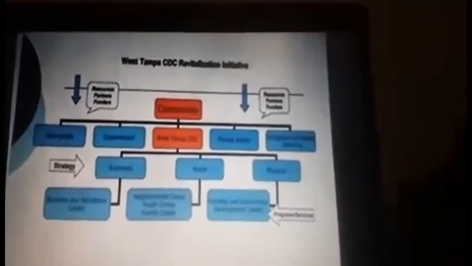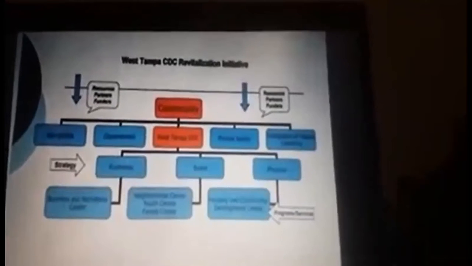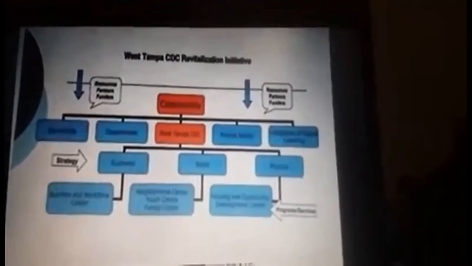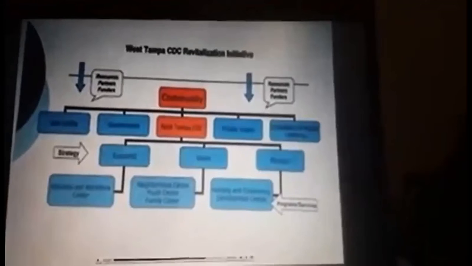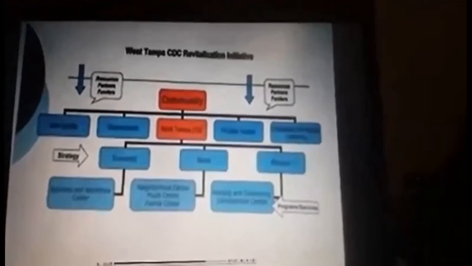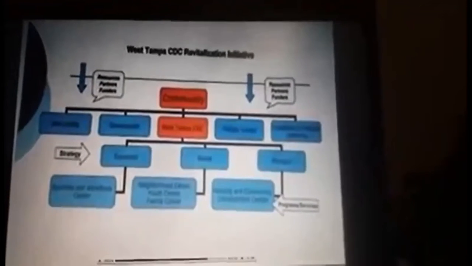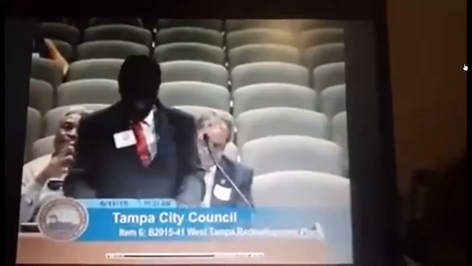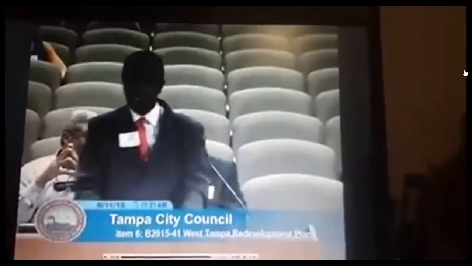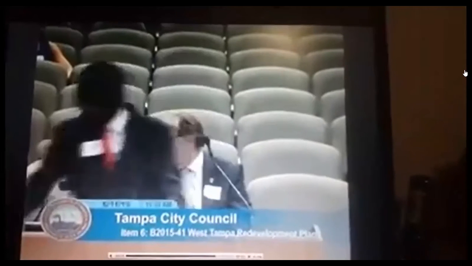My understanding is that we already have a conversation with USF on one of those components coming to West Tampa. So we're starting to put together partners in order to make the deal work. So by the time the CRA comes into play, there's a lot of structure in place. Again, I want to thank you for giving me the opportunity to share with you some of the thoughts related to the CDC.